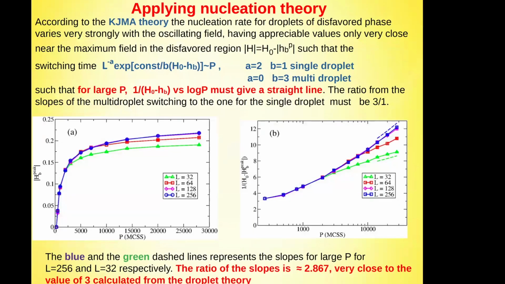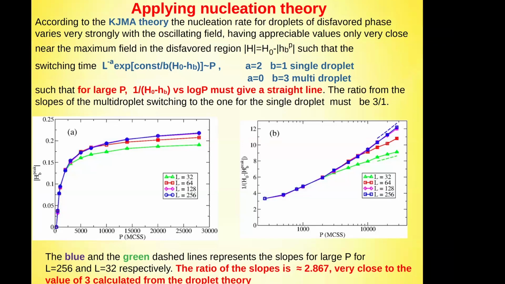Okay, now let's try to quantify a little bit more what's going on. I'm not going to go into the details of the KJMA theory, but according to that theory, the nucleation rate for a droplet from the favored to disfavored phase change depends on the period of the oscillating field, and the switching time from one type of behavior to the other is of the order of the period.